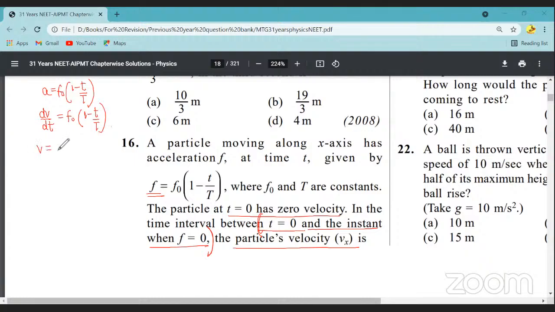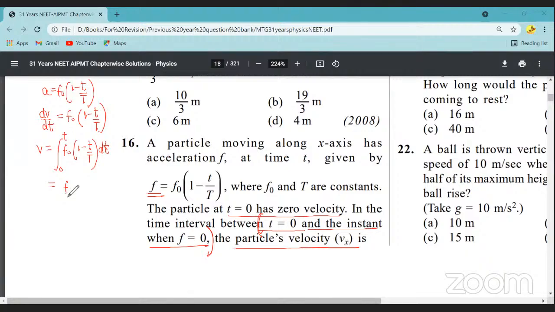So velocity will be the integral of f naught into 1 minus t by capital T into dt, limit from 0 to t. So this comes out to be, Sir, 0 to capital T. Why 0 to capital T?